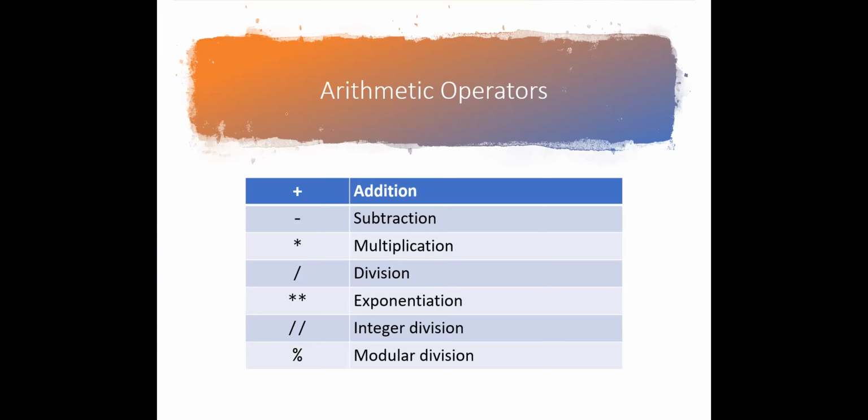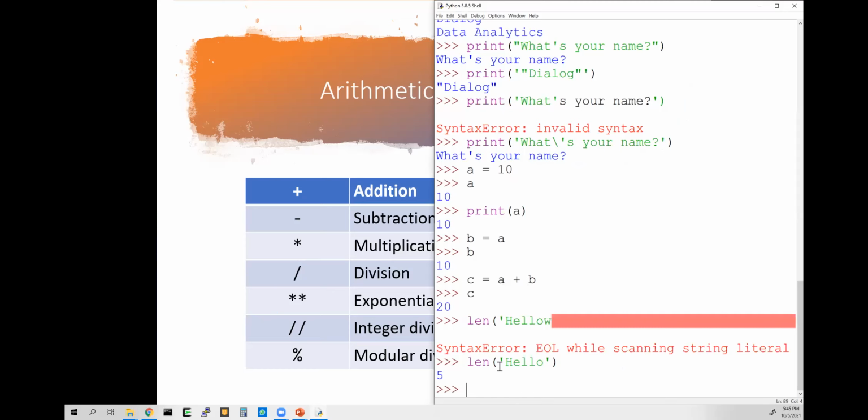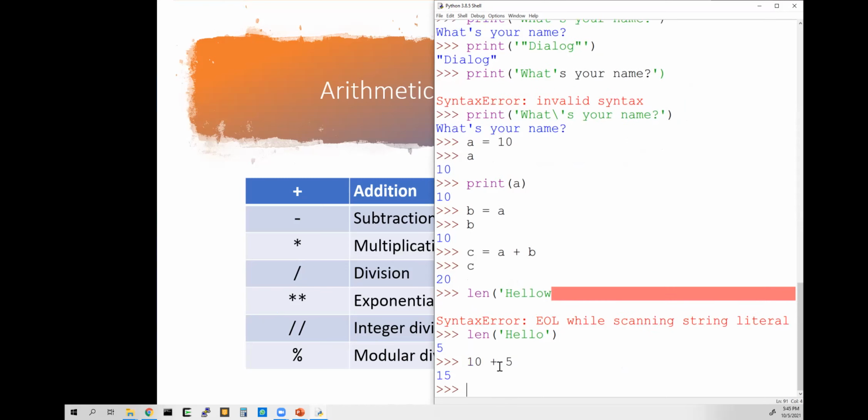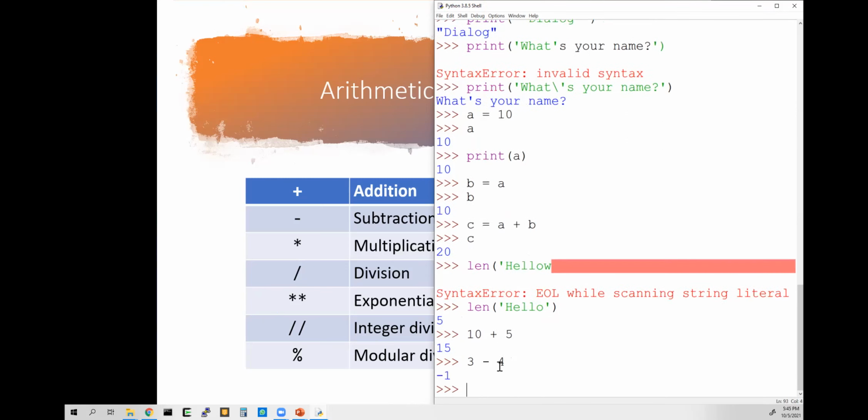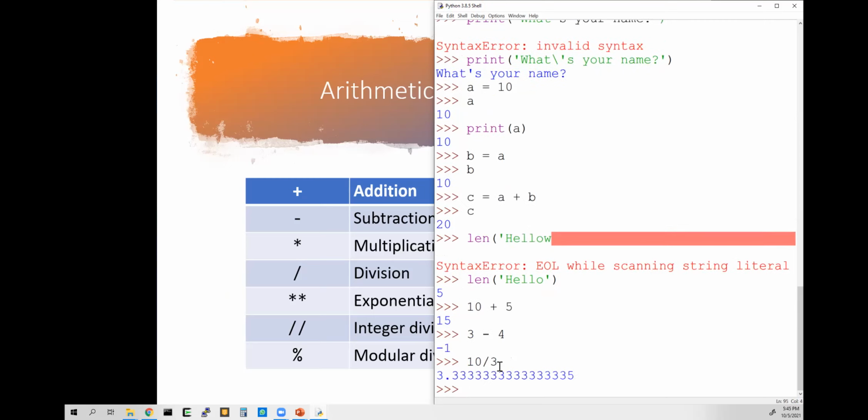Let me quickly show you the working of this. We can have 10 plus 5, that is 15, 3 minus 4, that is minus 1, 10 divided by 3, you have 3 point something.